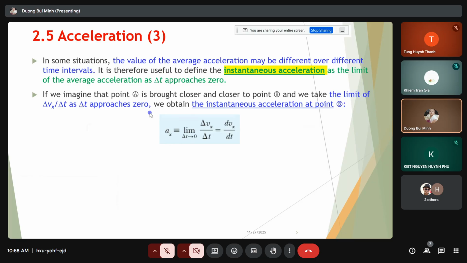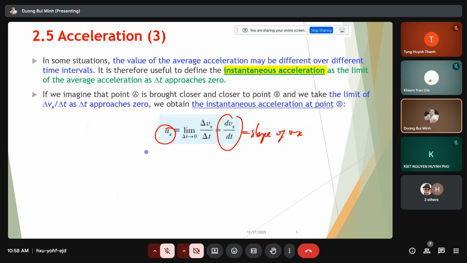So if we would like to calculate the instantaneous acceleration, we need to calculate the slope of the velocity. What is it? This is the first derivative of vx with respect to time, or this one is the slope of vx.